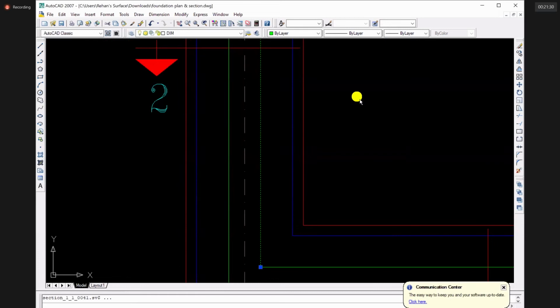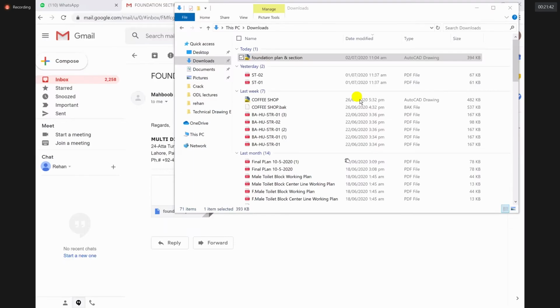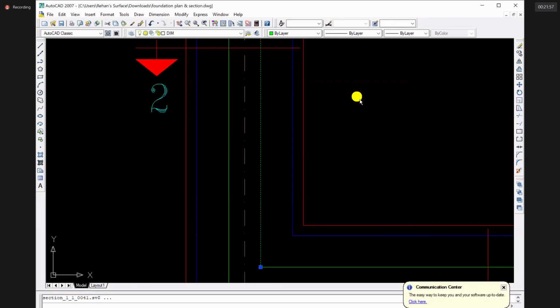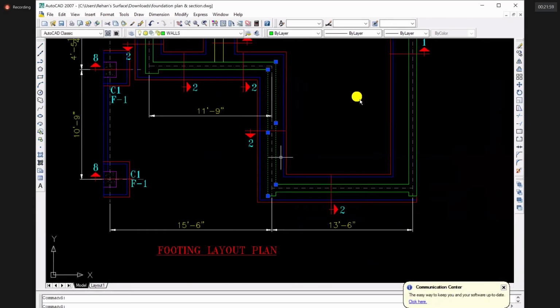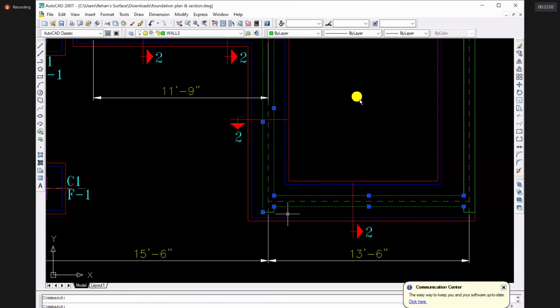these two lines, sorry, this one and this one, are basically showing the wall, and this you are going to simply copy.